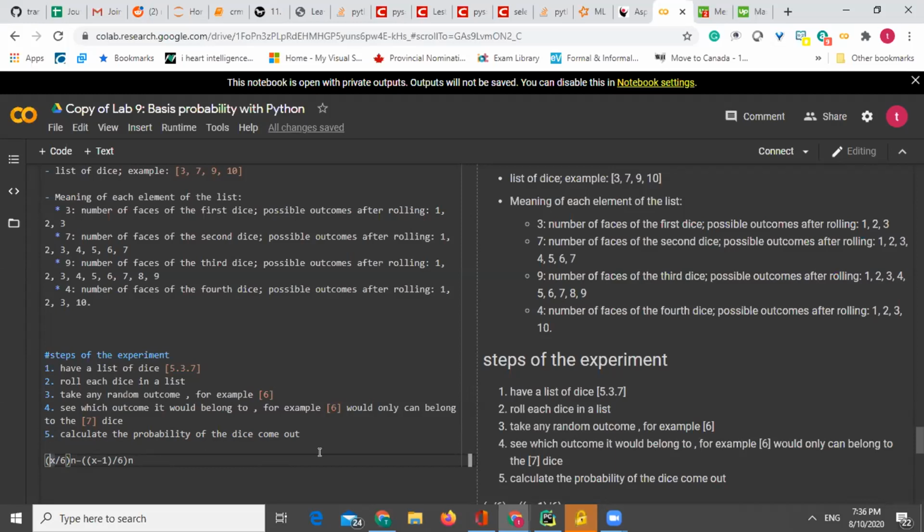How did I solve it yesterday? So calculate the probability of the dice coming out as 6 in the 7 dice. Is it correct?